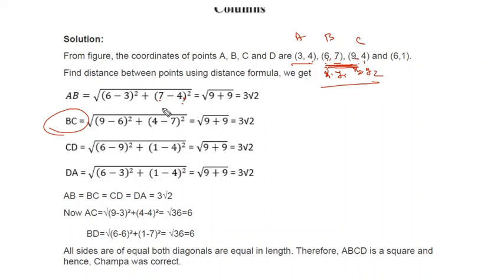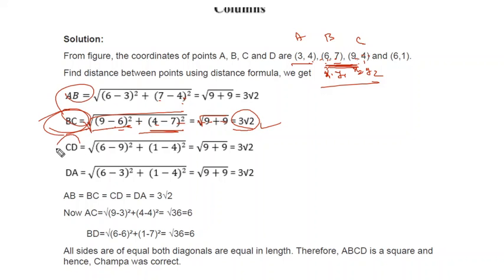Now BC equals root of (9 minus 6) whole square plus (4 minus 7) whole square. 9 minus 6 is 3, 3 square is 9. 4 minus 7 is again 3, 3 square is 9, 9 plus 9 is 18, root of that is equal to 3 root 2. Now we have found AB equal to BC.